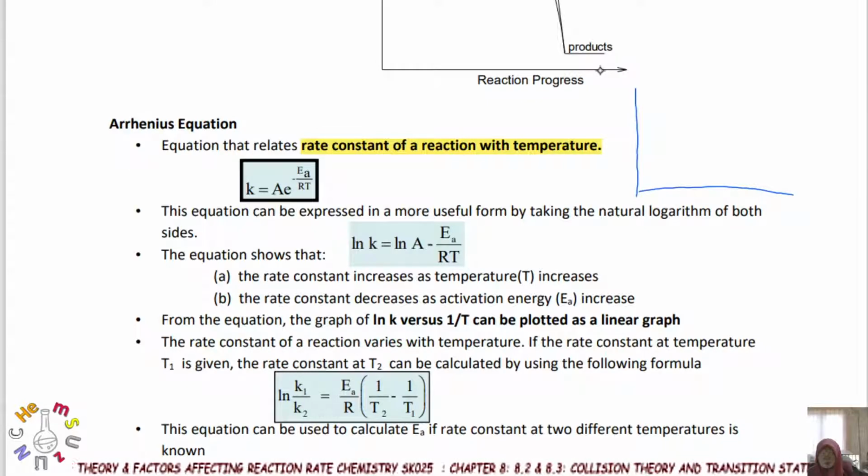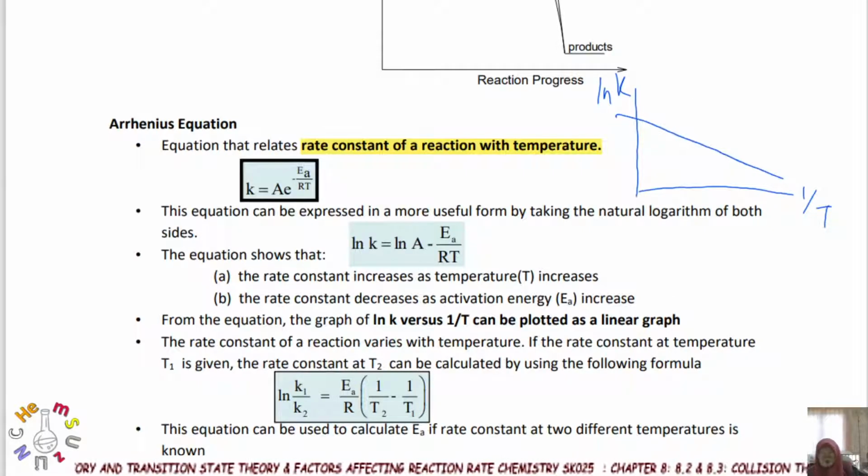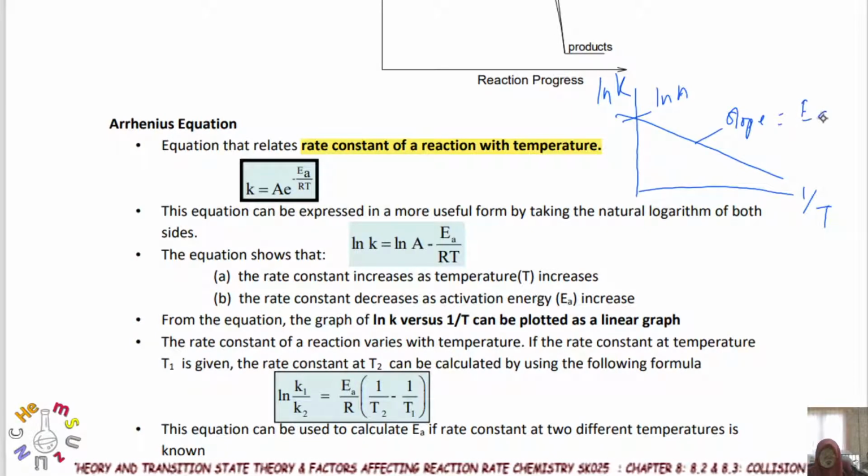Okay, graph ln K against 1 over T. Dia plot as a linear graph with a negative slope. Here is ln A. And then the slope here is equal to negative EA over R.